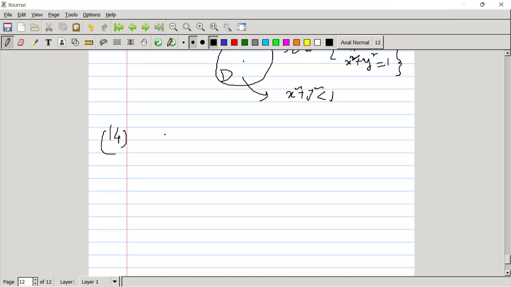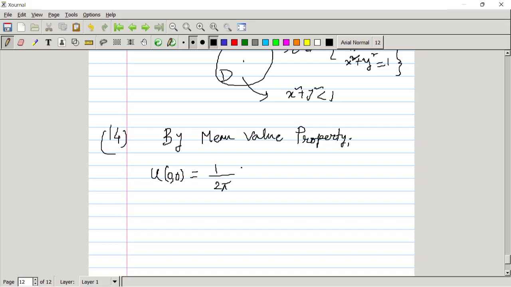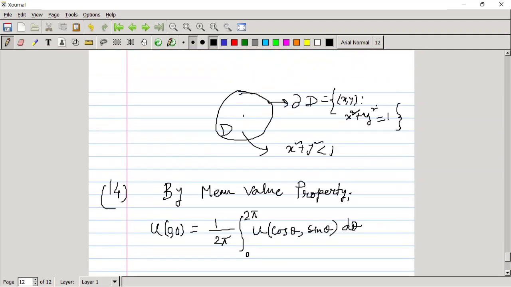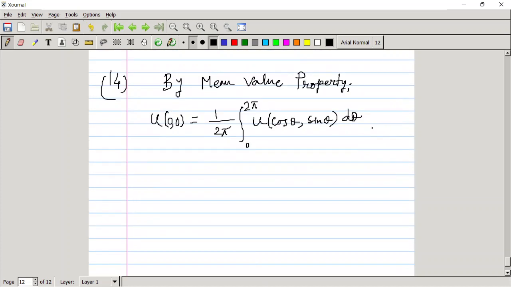By the mean value property, which you can check in the video lecture, the value at the center is the average of the values on the boundary. Average means 1 by 2 pi times the integral over theta. Boundary means those x, y such that x square plus y square equal to 1, so x equal to cos theta, y equal to sin theta.